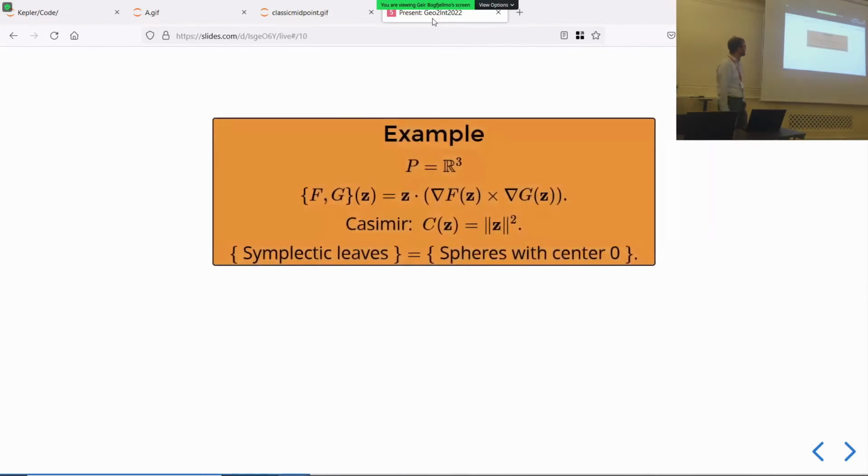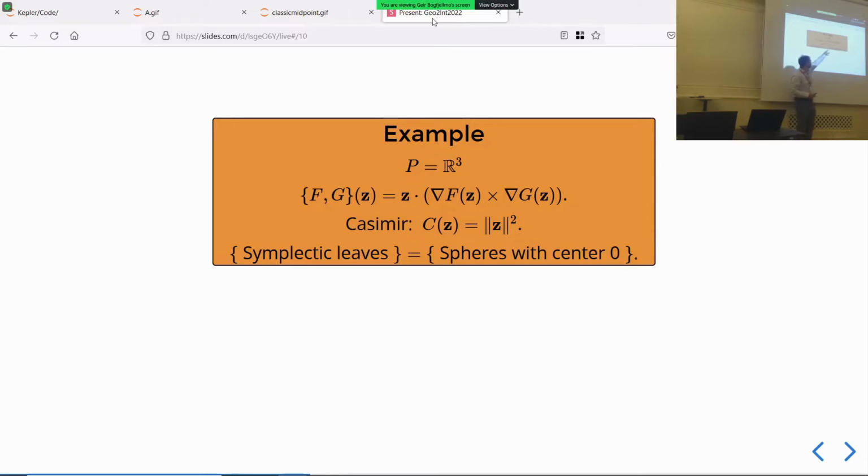This implication. So again, this example with R3, the Casimirs are just going to be functions of the norm. All the Casimirs are going to be described by this in this case, and the symplectic leaves are spheres centered at 0, and there's some singularity going on at the origin, but let's ignore that for now.